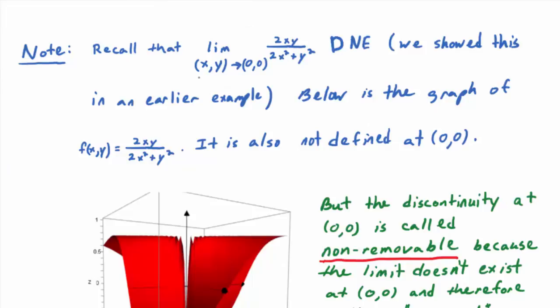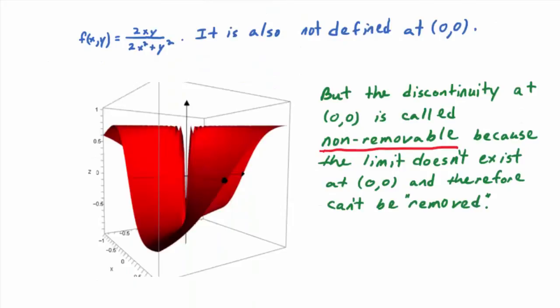However, remember earlier we showed that this limit doesn't exist by taking the y equals x path and the y equals 0 path. So we couldn't create a piecewise defined function that fills the hole. That thing's not going to be continuous no matter what we do. And when you graph it, there's a telltale sign that the limit simply doesn't exist there. You get this kind of jagged behavior near the input of (0, 0).